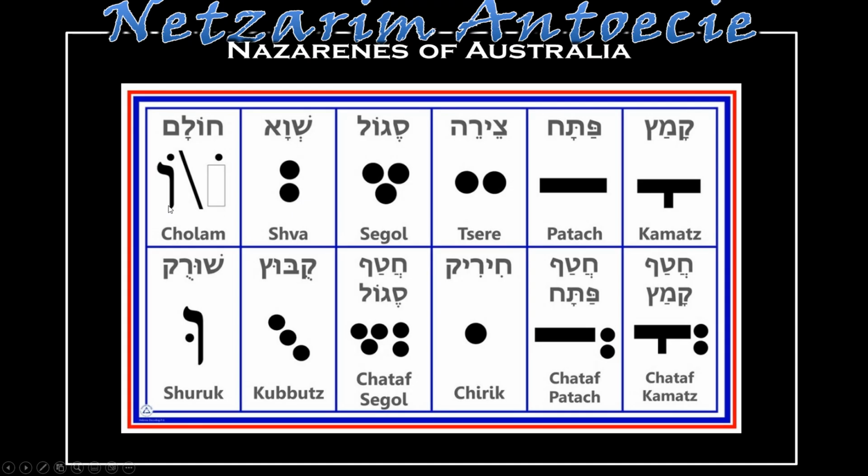And then we have cholam, that's the O sound. Then we have shuruk, the U, short U sound. Then we have kubutz, a bit longer U. Then we have a combination of shva and segol. It's called a chataf segol, a shorter E sound. And then we have chirik, that's the I sound. Then we have chataf patach, again shorter A after the shva. And then we have chataf kamatz, a longer A after the shva.